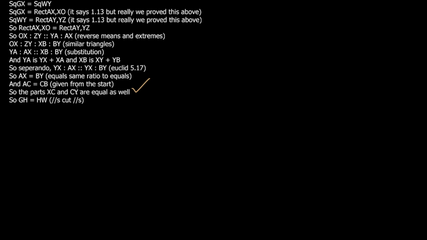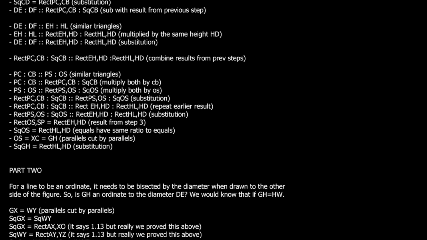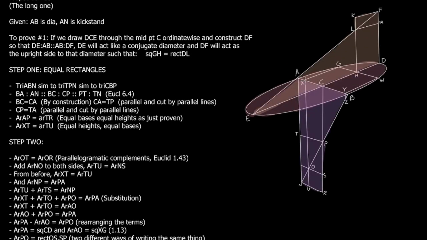So if XC equals CY, then GH equals HW. Because XC, CY are here, GH, HW are here. They are in these parallelograms opposite one another. So that means that they're equal.